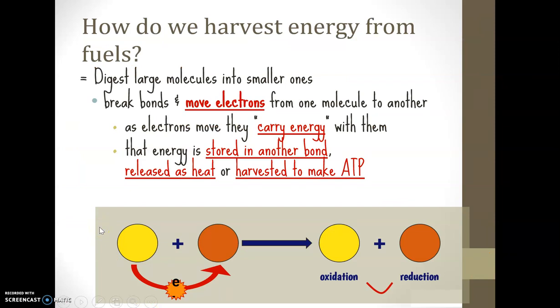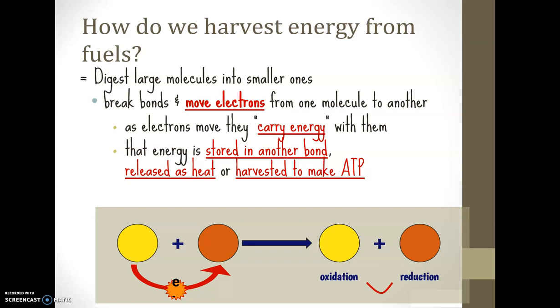So how do we harvest energy from the fuels that we take in? By digesting your large molecules into smaller ones. That's just as simple as that. You break the bonds from your more complex molecules, and when you do that, you're releasing the energy that was built to create those bonds, and you're moving the electrons from one molecule to another.